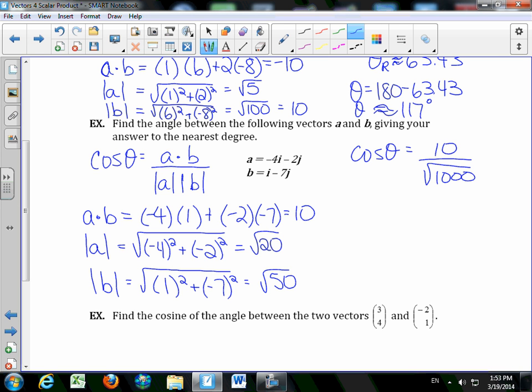So if we go on our calculator, second cos of 10 divided by root 1000, which is 1 over root 10. We get 71.56, which would be rounded to 72 degrees if we want to round to the nearest degree.